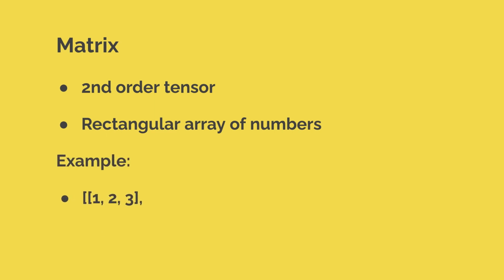For example, if we have a two-dimensional array of 1, 2, 3, and 4, 5, 6, that is a matrix because we have a multi-dimensional array. So whenever you have a two-dimensional array, you have a matrix because you have a table. You have 2 rows in this case and 3 columns.